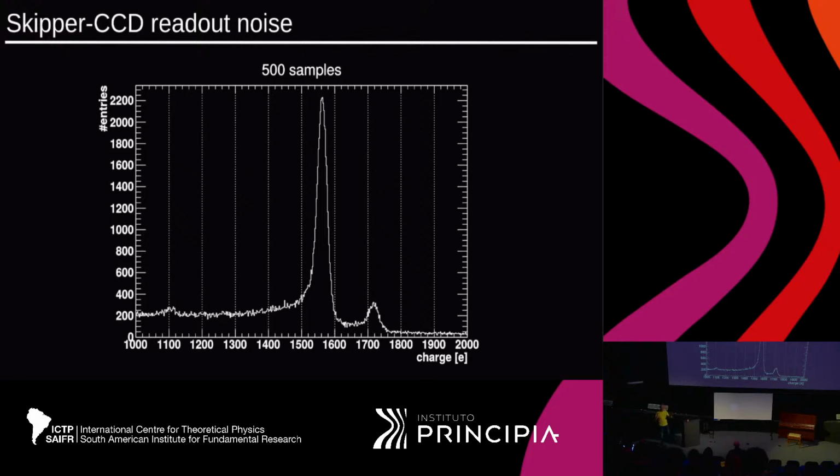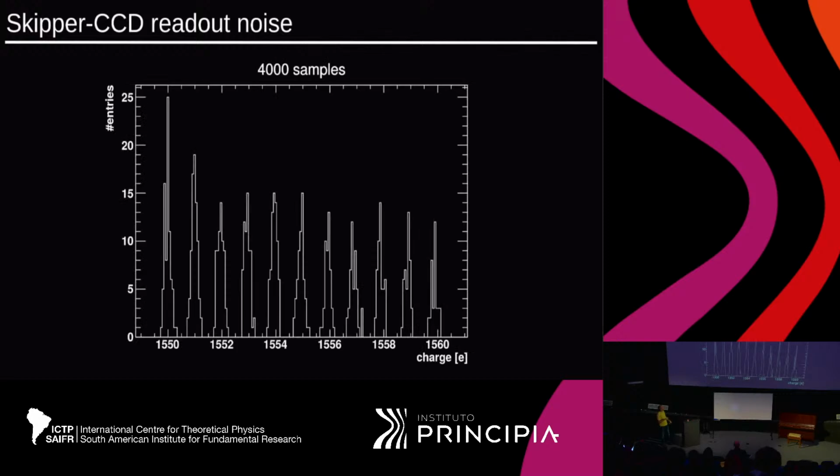The shape of this is not important for what I want to say, but just look at the axis. Here we have thousands of electrons in the pixel. And if we zoom in into this very tiny region, this is what we see. So we are able to tell apart 1554 from 1555, which is absolutely amazing. Not super useful as far as I know, but still it's cool.